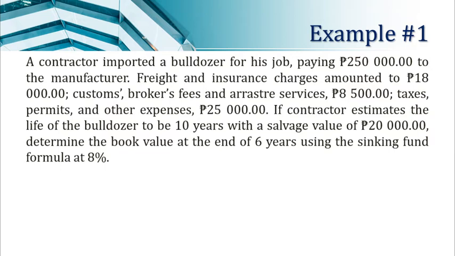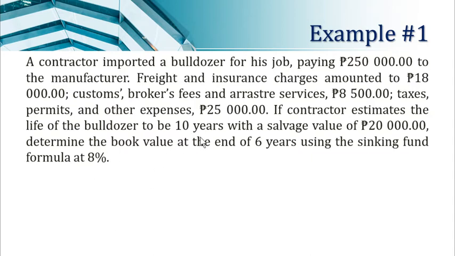Ibig sabihin, ito yung purchase cost natin ng bulldozer. Now, meron pa tayong ibang given like 18,000, 8,500, and 25,000. So, silang tatlo ay magiging FC mo pa rin. Kasi yun yung gastos mo o mga initial na gastos mo before mo ma-acquire or in acquiring that bulldozer. Okay?